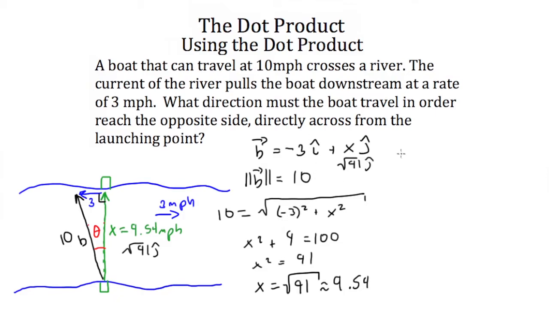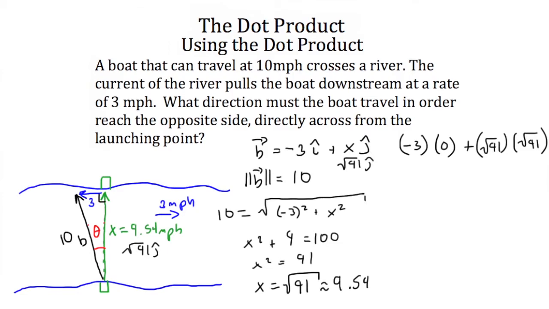So the dot product would be the negative 3, which is our movement in the x, times 0, since our other vector has no movement in the x, plus the black one's movement in the y, which is the square root of 91, times our green vector's y movement, which is also the square root of 91.